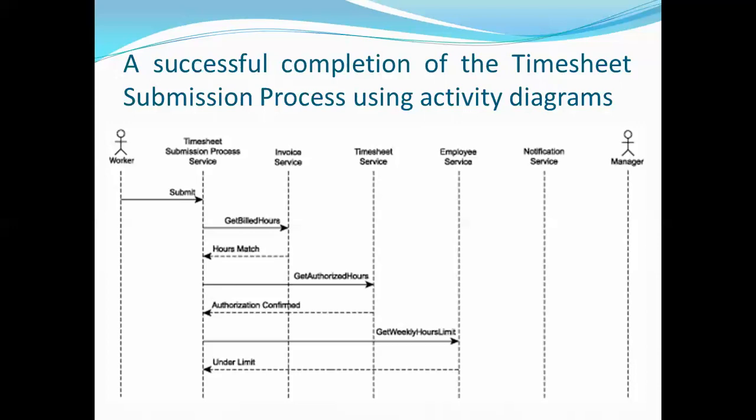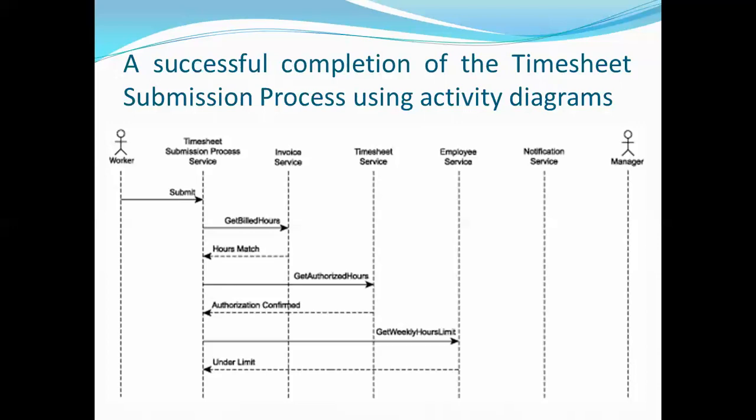data with the help of the timesheet submission process service. The timesheet submission process service is the main web service, and through that web service the worker provides the timesheet data.